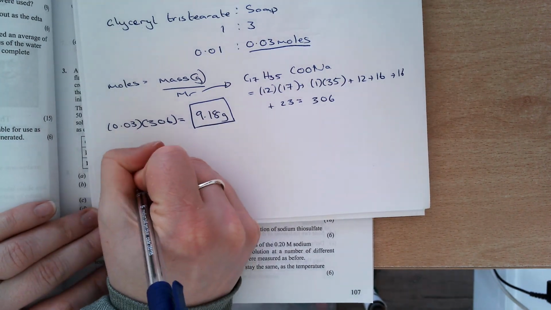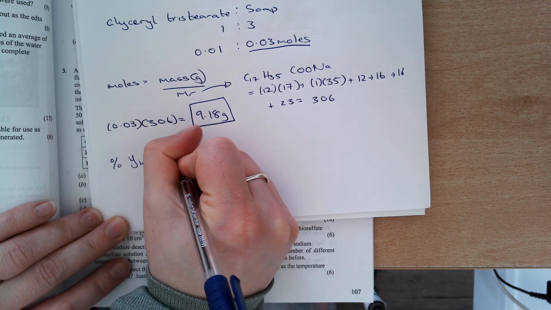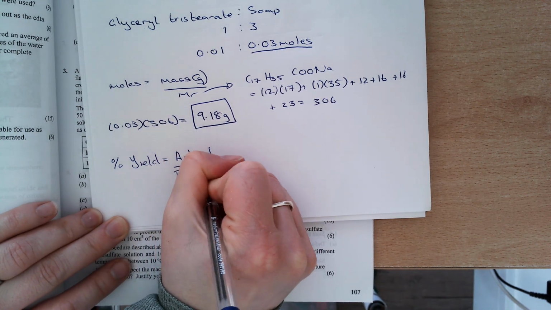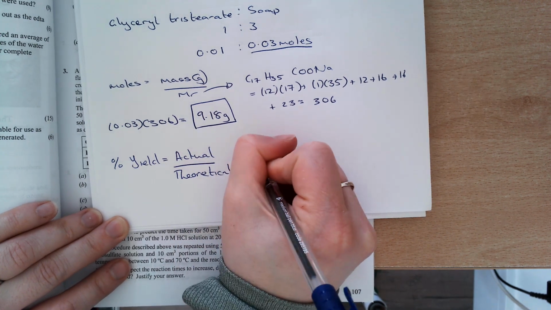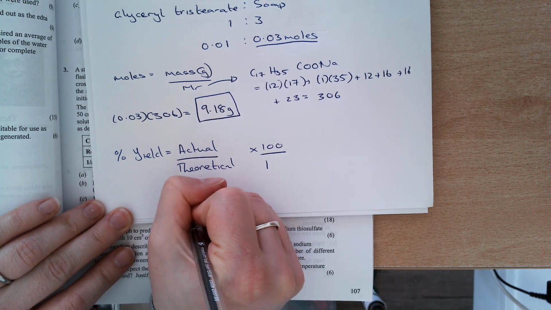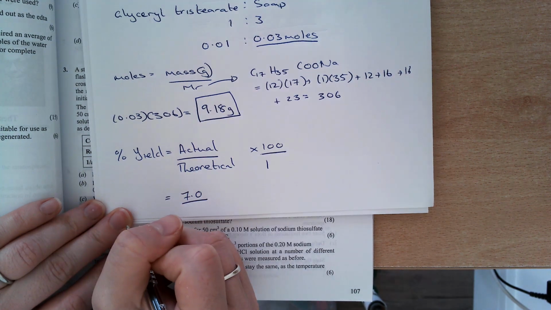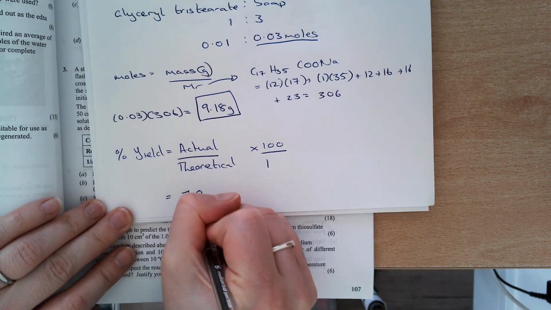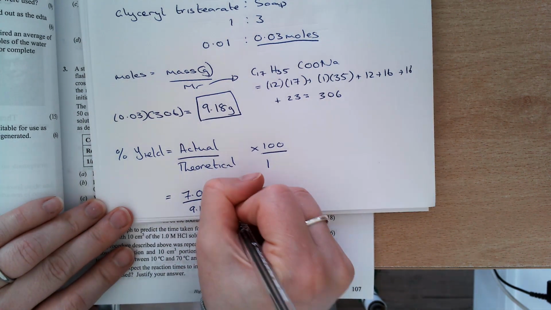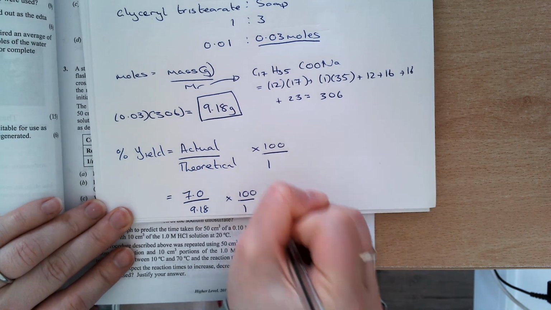So in order to work out your percentage yield, it is the actual yield divided by the theoretical yield, multiplied by 100 over 1. The actual yield that I get, I'm told in the question, is 7.0 grams. The theoretical yield, the amount I potentially could have got, is 9.18.